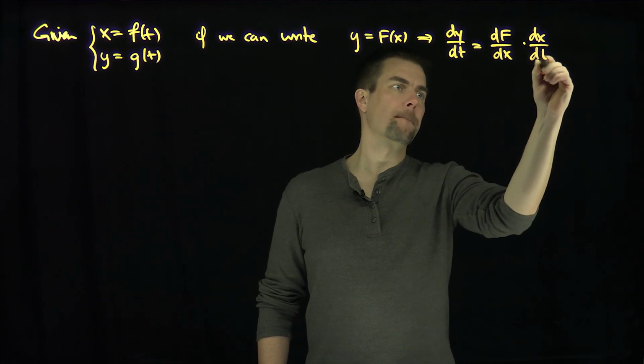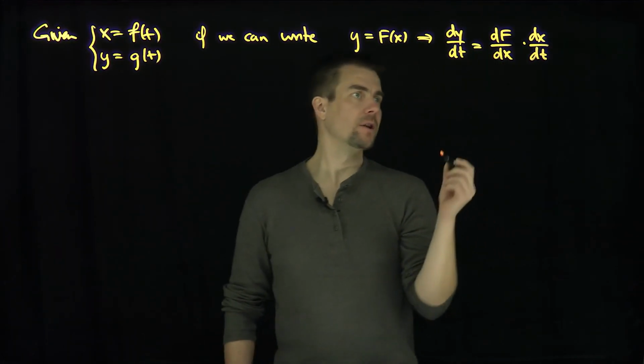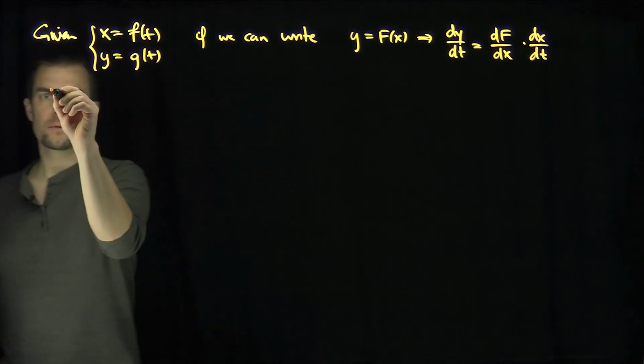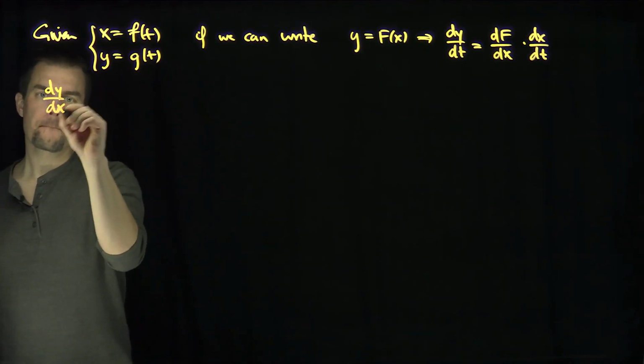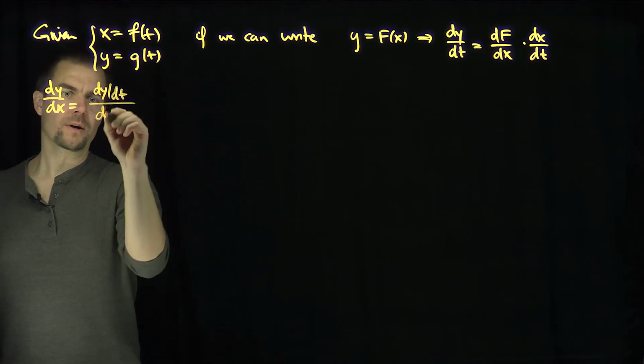That's just the chain rule, which allows me to conclude that dy dx, which is the same as df dx, is dy dt over dx dt.